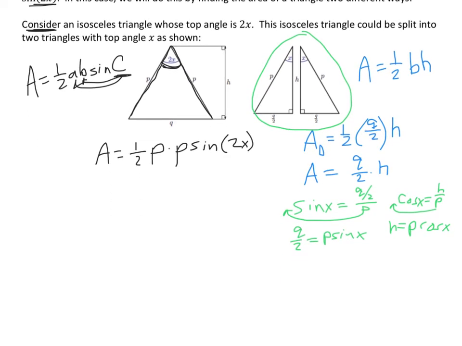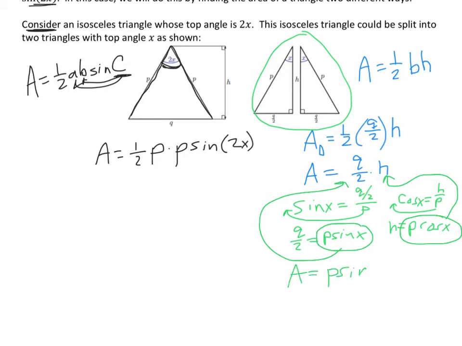Notice that this area expression right here has a q over 2 and has an h in it. So couldn't I take this expression and put it there, and this expression and put it there? I could basically get that the area of this triangle is p sine x times p cosine x.